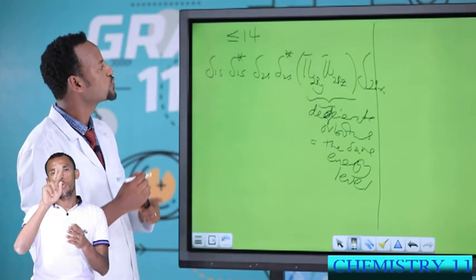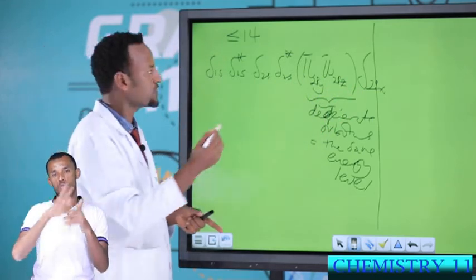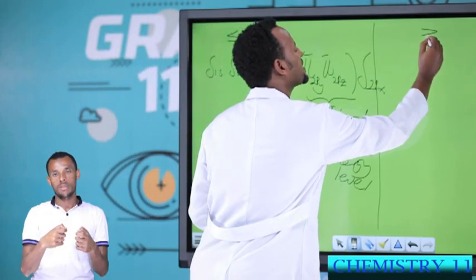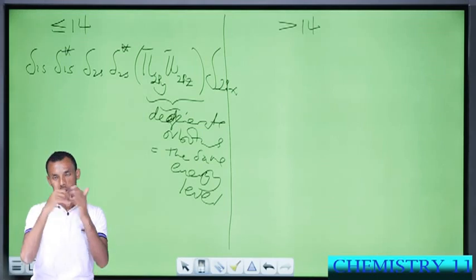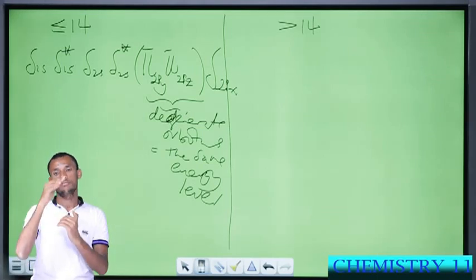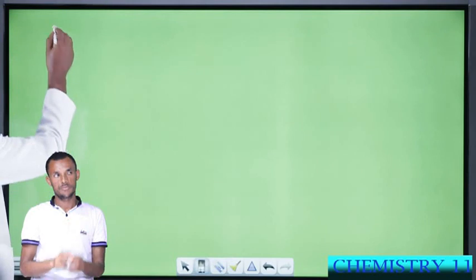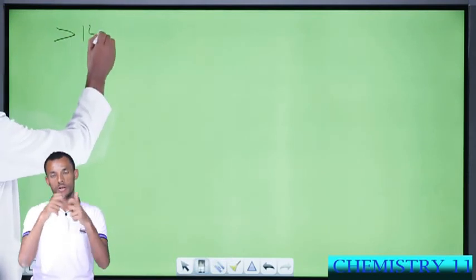The other one is when the total number of electrons is greater than 40.